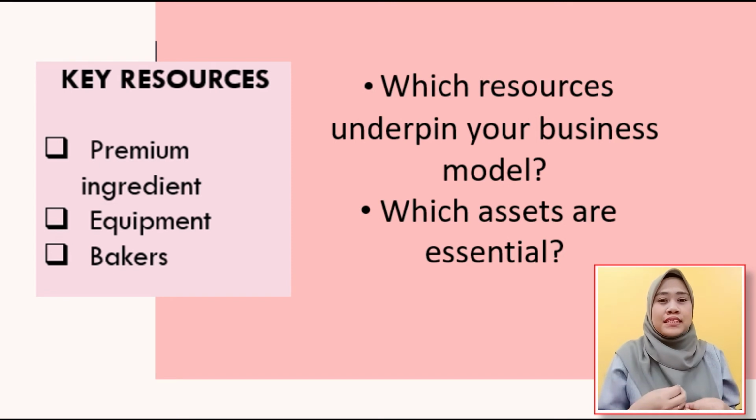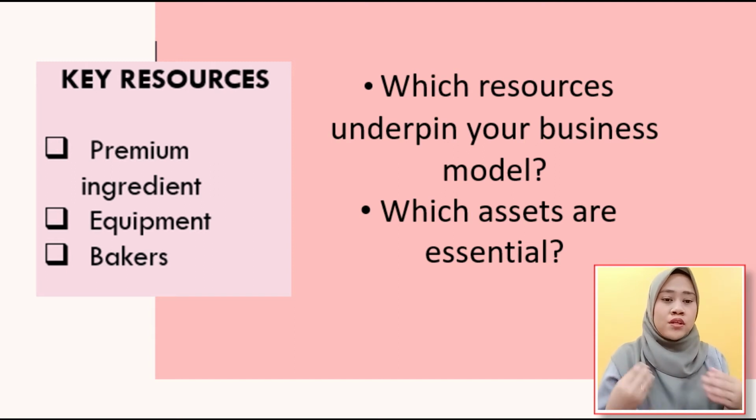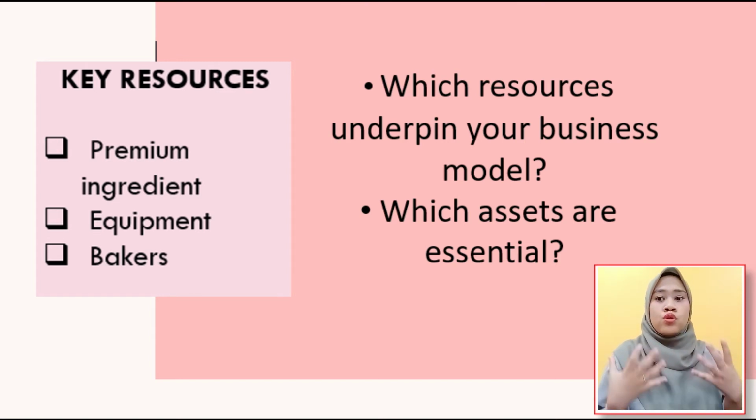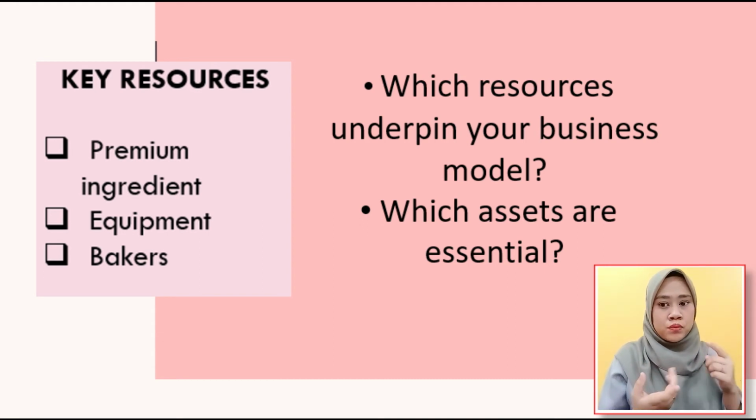Next, the business needs to think about what practical resources are needed to achieve the key activities of the business, which is key resources. The key resources means the resources the business requires to do business. The business needs to know which resources underpin their business model and what assets are essential.